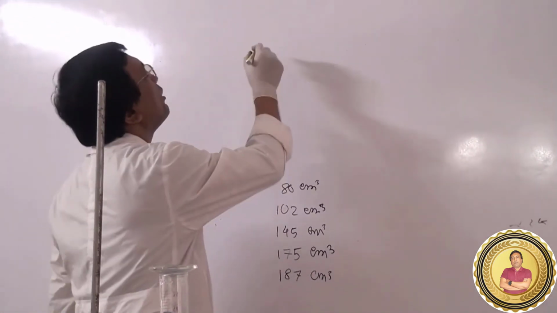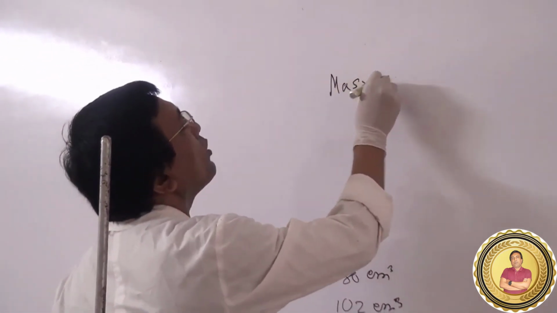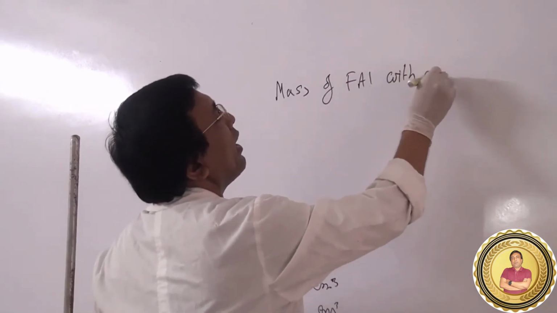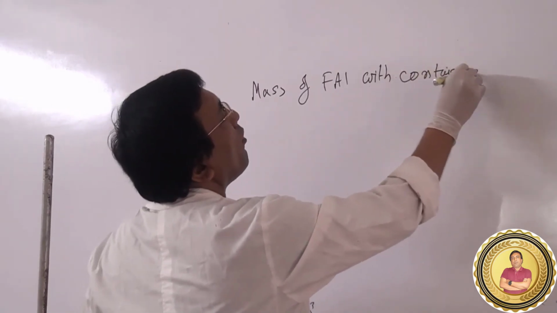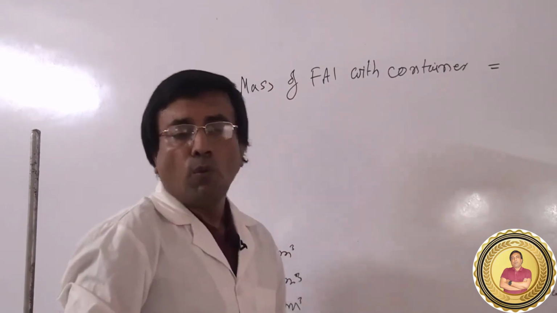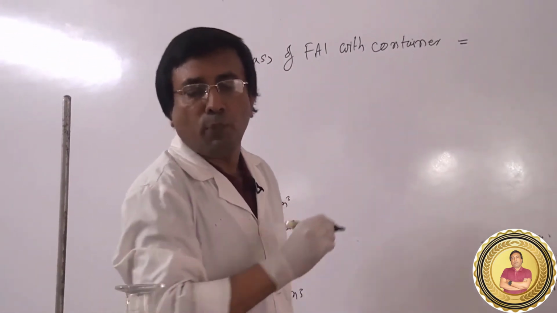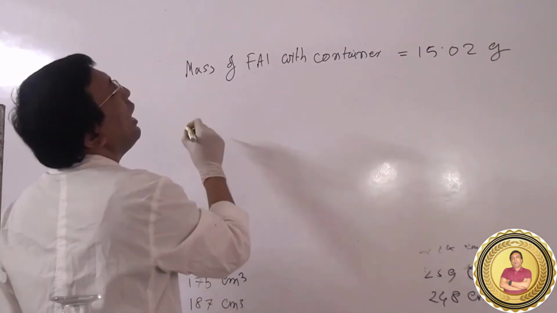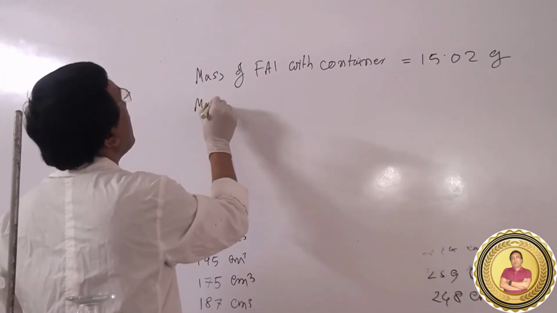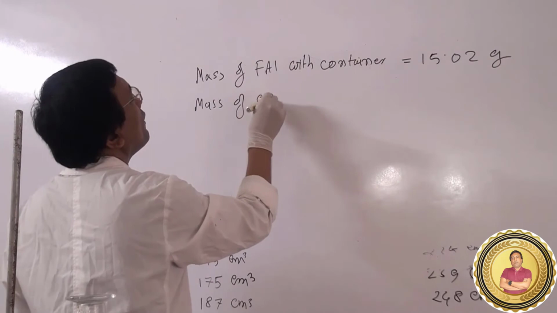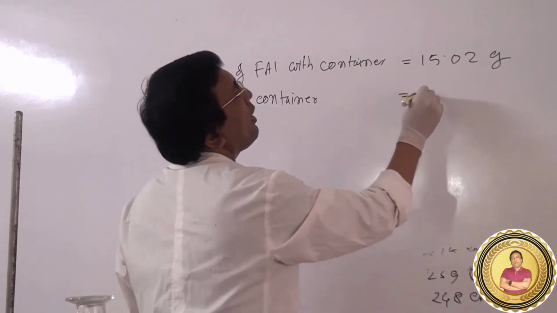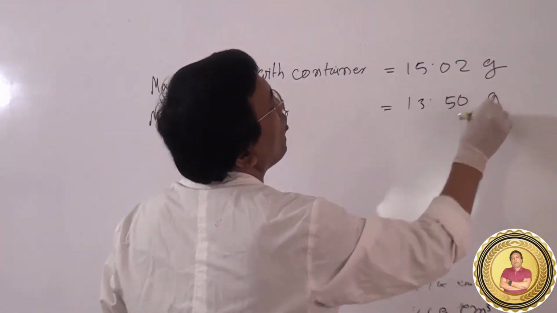At the time of making the table of mass calculation, we have to prepare the mass of FA1 with container, that is 15.02 gram, and the mass of container only, equal to 13.50 gram.